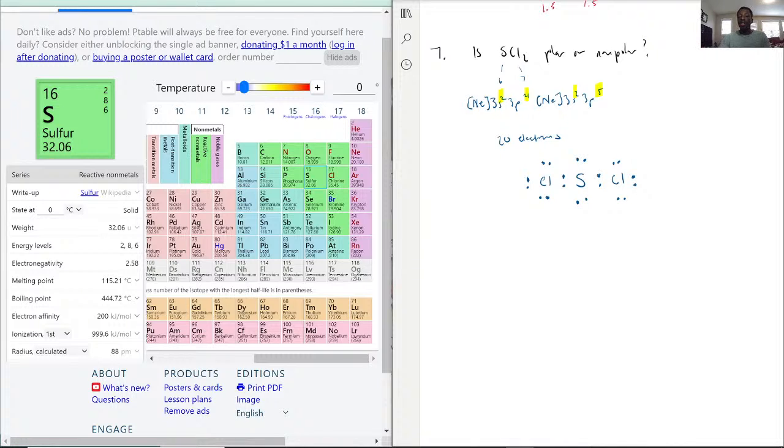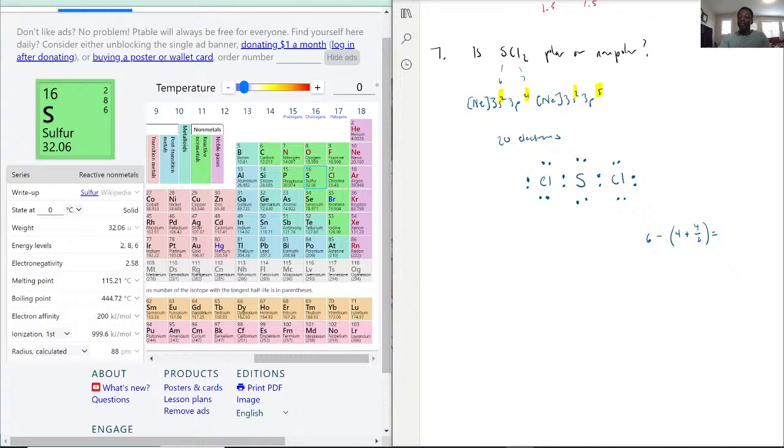Great, another octet satisfied. Now to make sure we have the right number, we're going to quickly do the theoretical charge of each one. Sulfur in the center typically has 6 valence electrons. You subtract the electrons it has by itself, which is 4, and add the electrons it's sharing, which is also 4, divided by 2 because this is sharing.